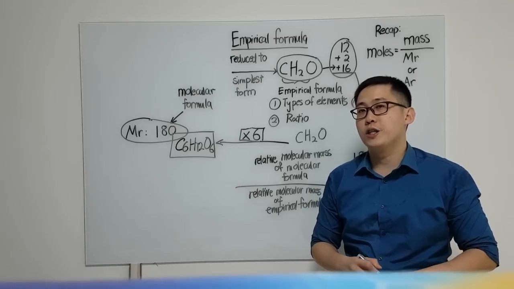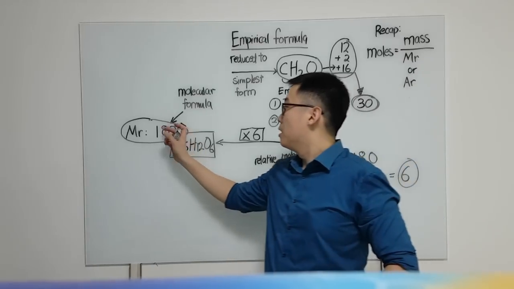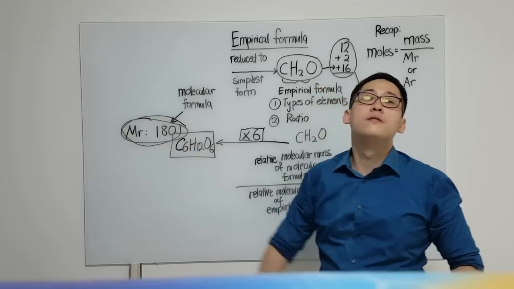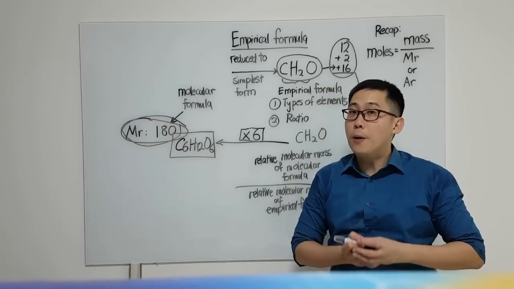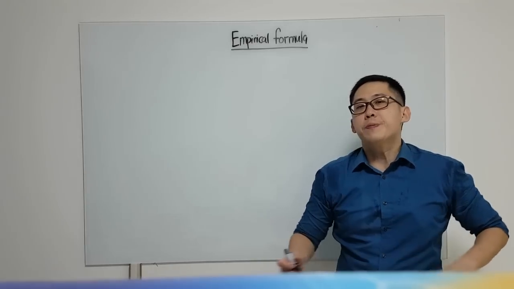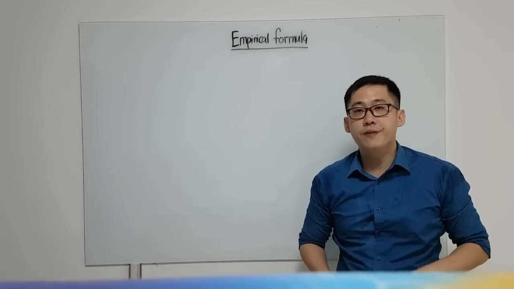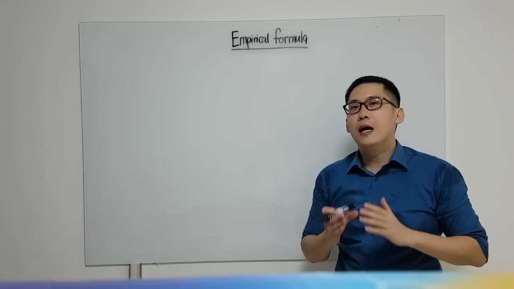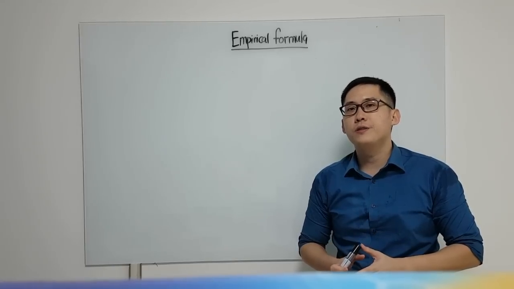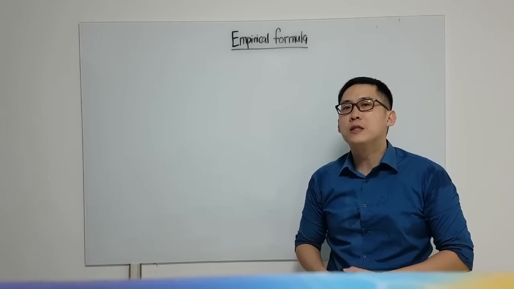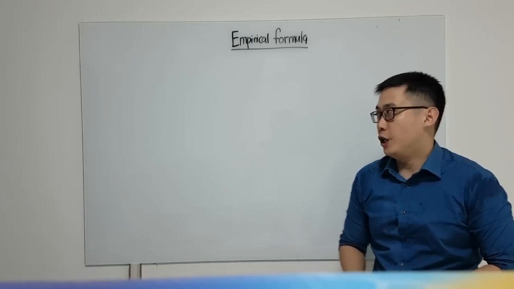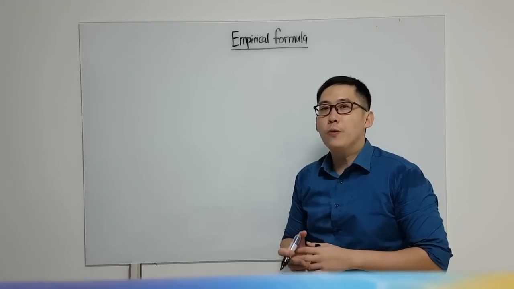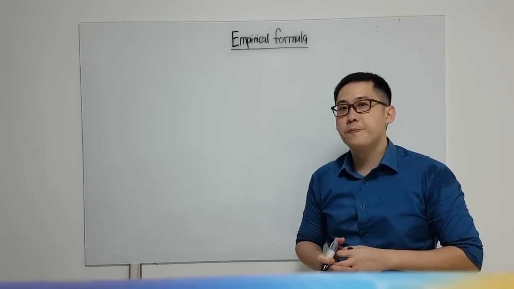Usually, in the question, you will be given the relative molecular mass of the molecular formula. In this part of the e-learning, you have learned how to obtain a molecular formula from the empirical formula and vice versa. However, in nature, you do not always have this data at first.